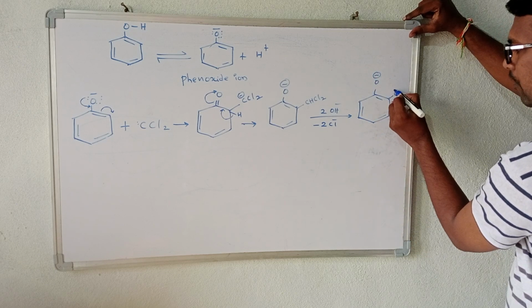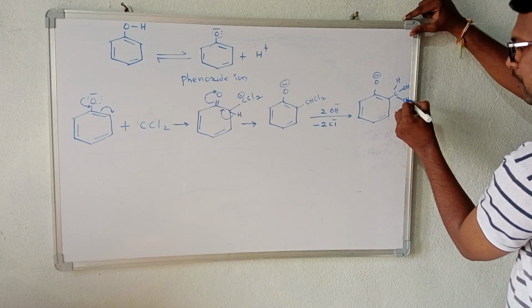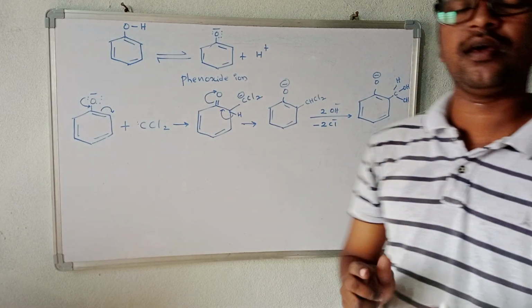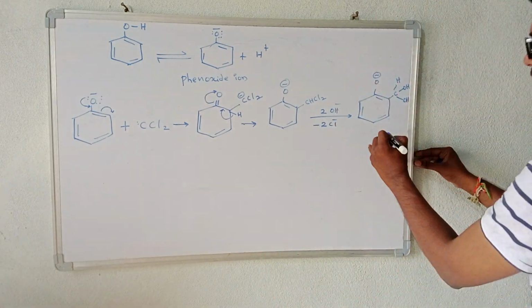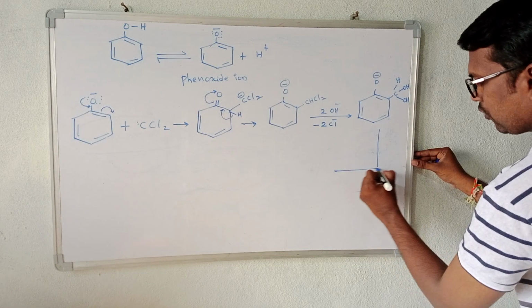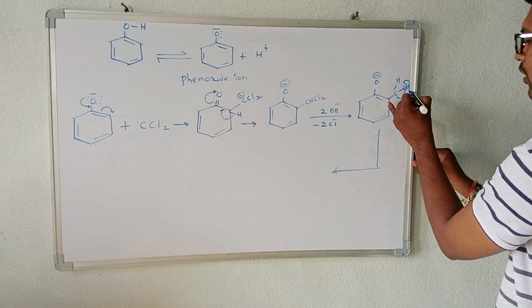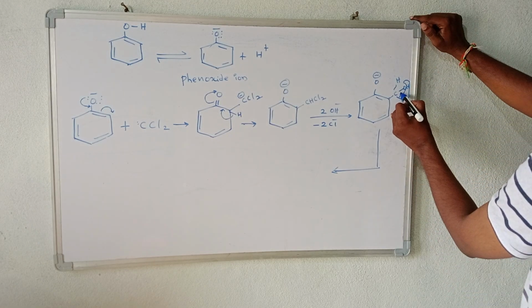Now here carbon, hydrogen, and two OH groups are present. That means in place of two chlorines, two OH groups are present. Whenever two OH groups are present on a carbon, it is unstable. That's why after formation, a water molecule can be eliminated from these two OH groups.